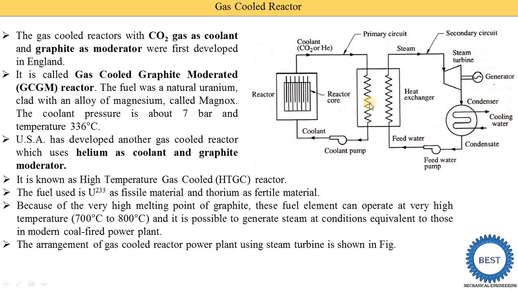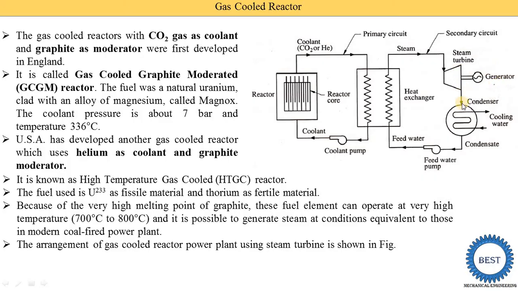This CO2 gas supplies heat energy to the feed water passing through the other tubes, and this feed water is converted into steam. This steam is supplied to a steam turbine, where it expands and some work is produced. This work is supplied to a generator, and the generator produces electricity.